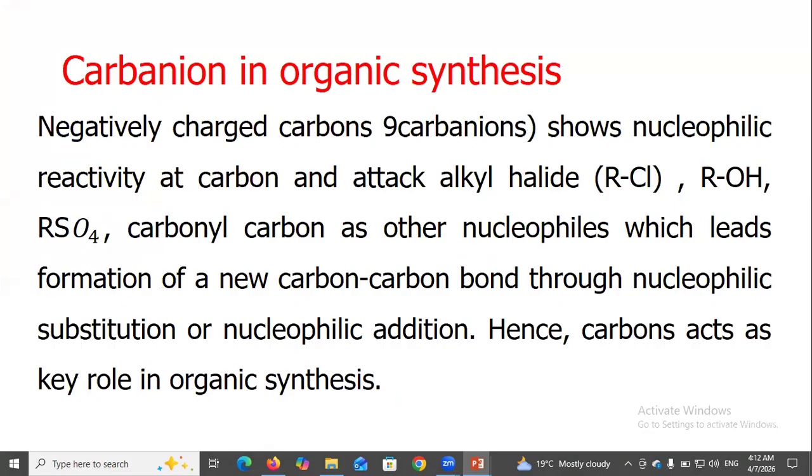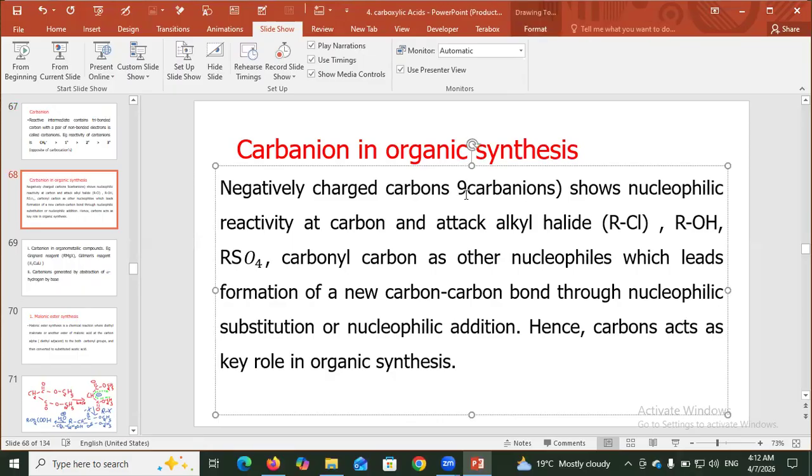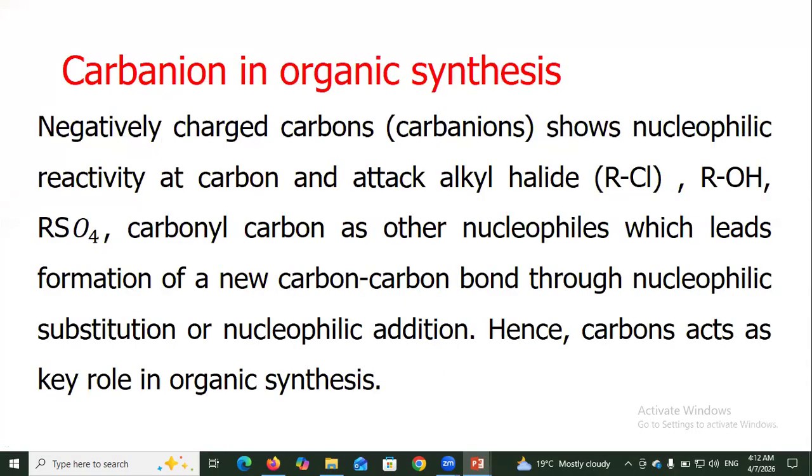Carbanion in organic synthesis: negatively charged carbon. A carbanion shows nucleophilic reactivity at carbon and attacks alkyl halides, alcohols, alkyl sulfates and carbonyl carbons as nucleophiles, which leads to the formation of a new carbon-carbon bond through nucleophilic substitution or nucleophilic addition.